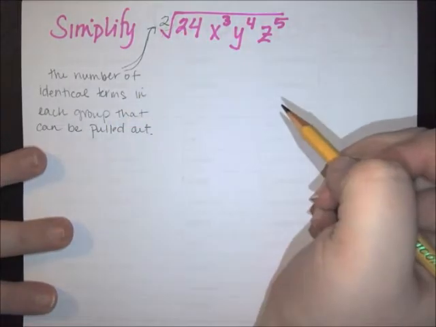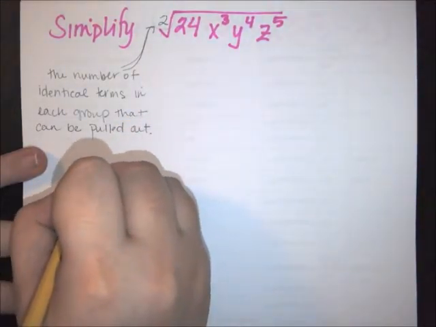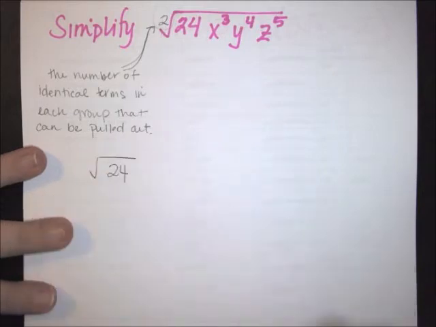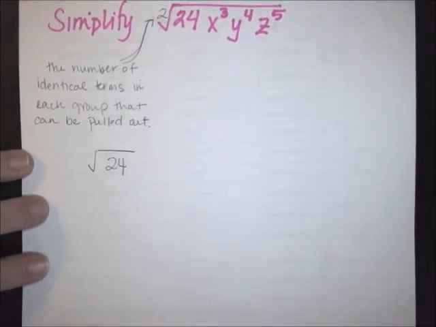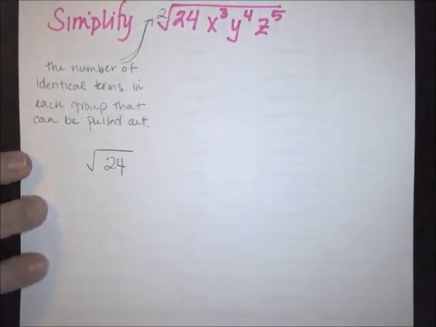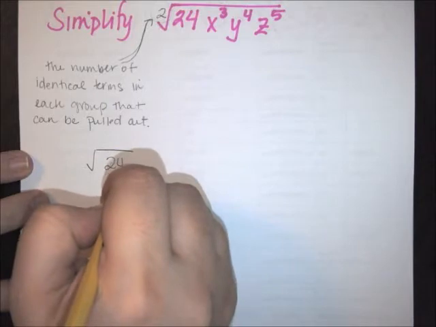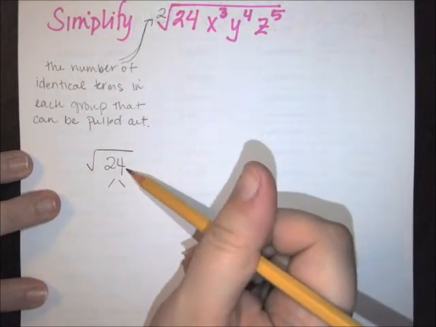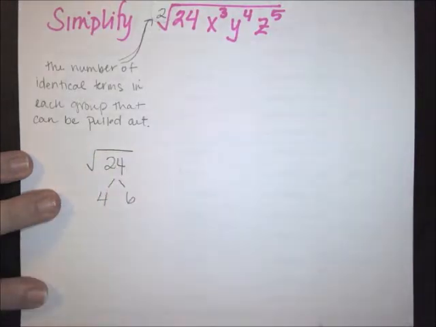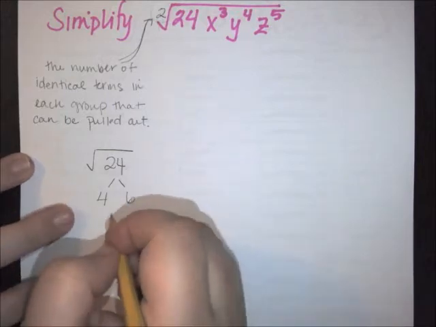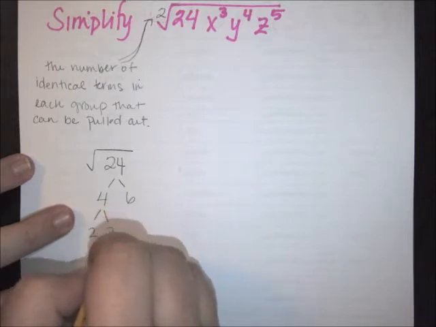First and foremost, I can break my radical down into individual pieces. So let's start with just the number, square root of 24. When we are talking about the number of identical terms that can be pulled out, we are talking about taking your 24 and breaking it down. 24 can break down into 4 times 6, and I know that 4 can break down into 2 and 2.